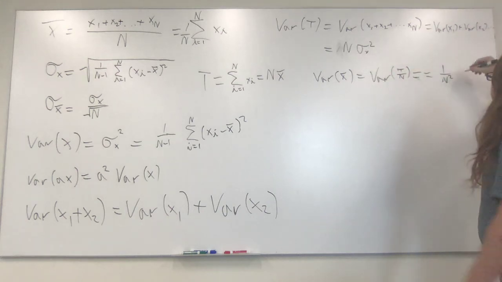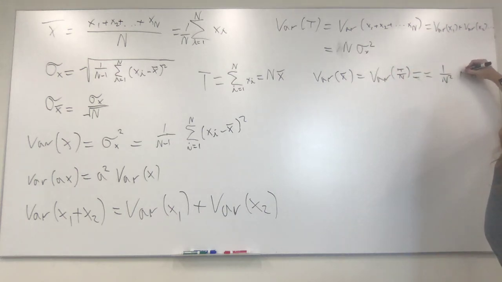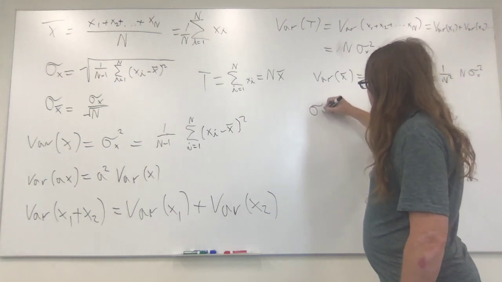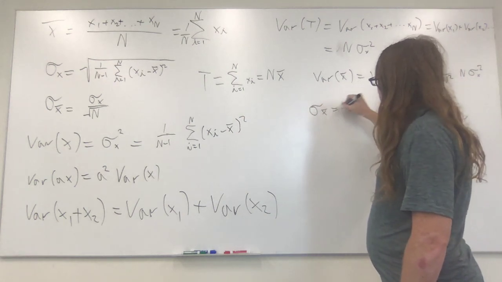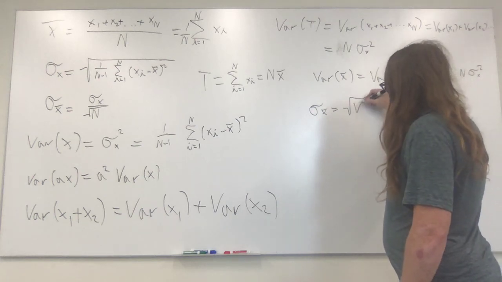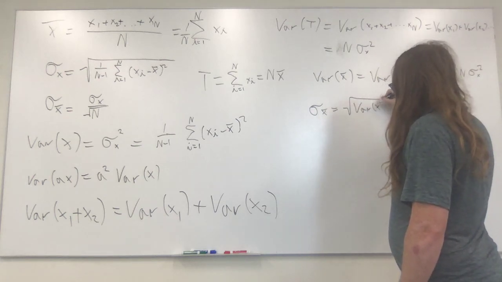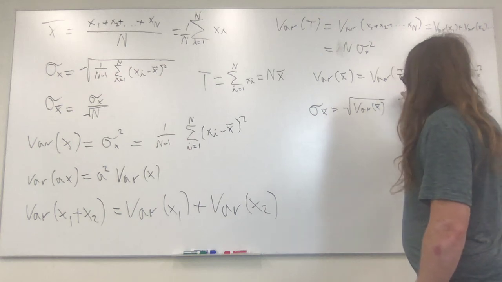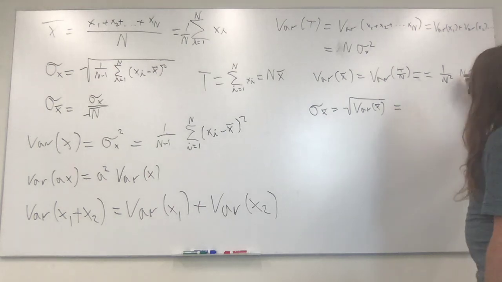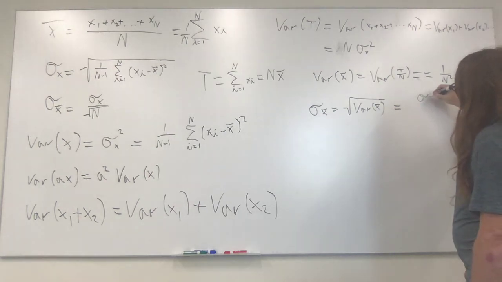Then we substitute this in, and we have n sigma squared. And so we get sigma of x bar equals the square root of the variance of x bar, which is just sigma x over the square root of n.